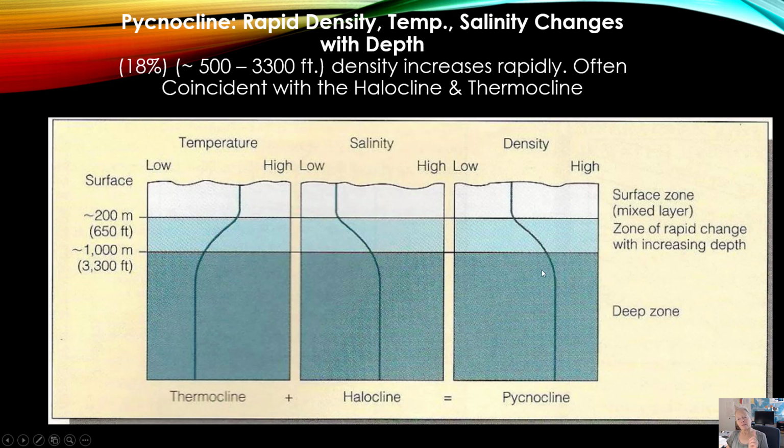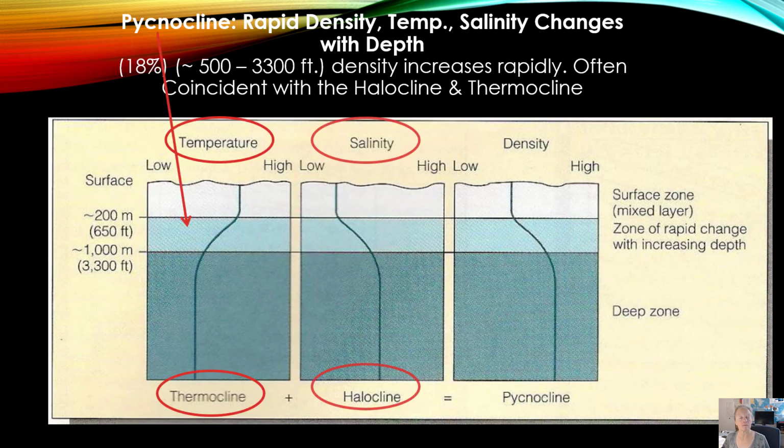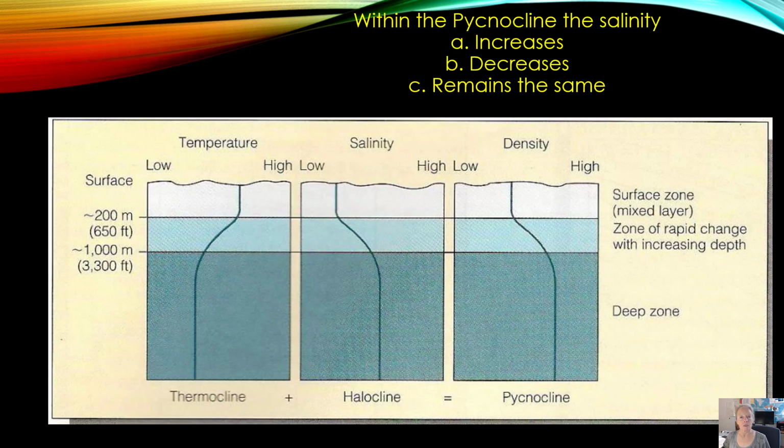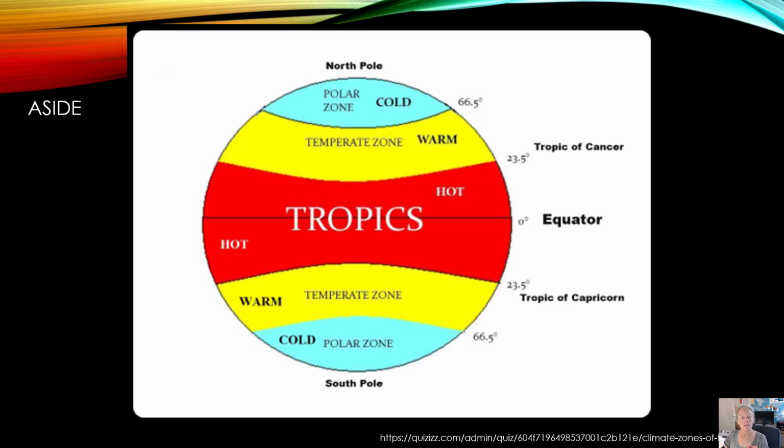So at the pycnocline, the density increases. All right. These are some of the questions, you know, you can just look and see if you know the answers to.